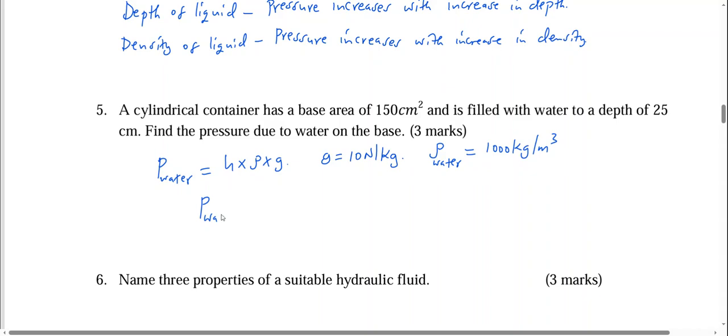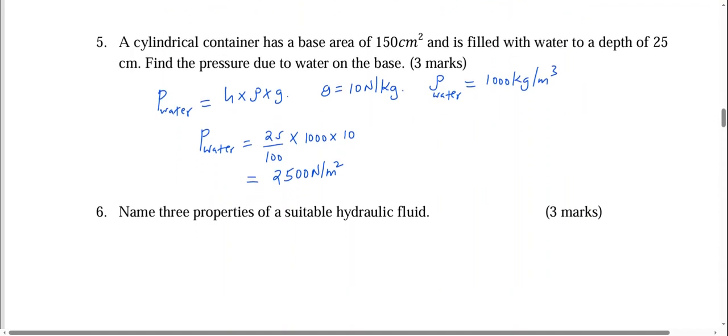Pressure due to water will be the height or the depth, which is 25 all over 100 to convert into meters, multiplied by the density 1,000, multiplied by the gravitational force 10. This gives us 2,500 Newton per square meter. Question number 6.